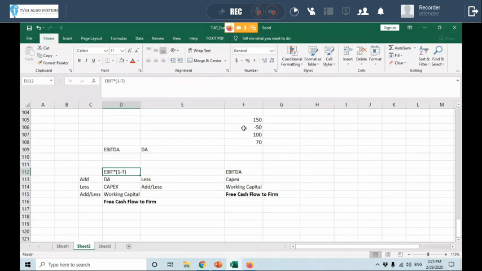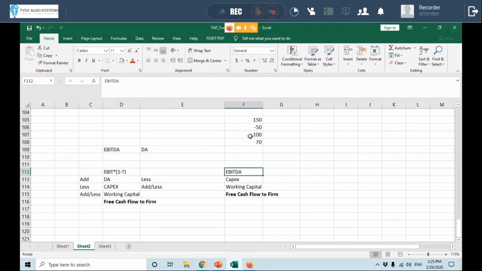That means the difference is only 30 rupees. Here we are taking 100 and then adding back 50, so it is 150. In this case, it is 70, 70 plus 50. In this case, it is EBIT into 1 minus tax rate plus depreciation and amortization, so 70 plus 50 is 120.